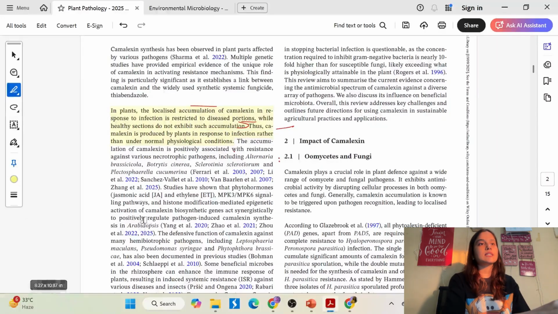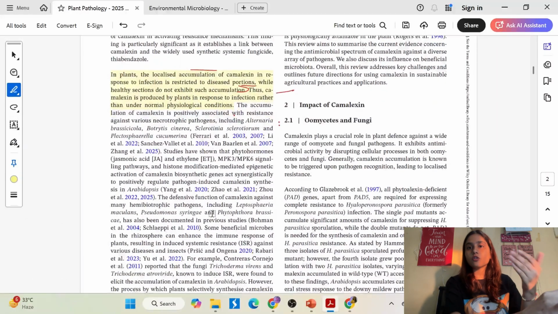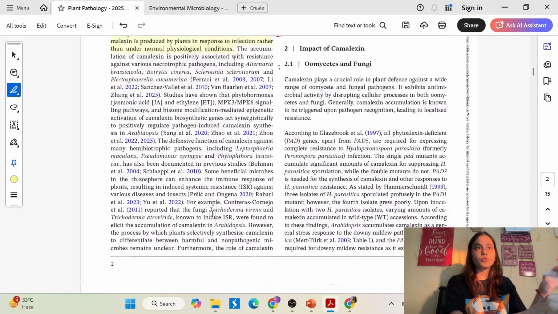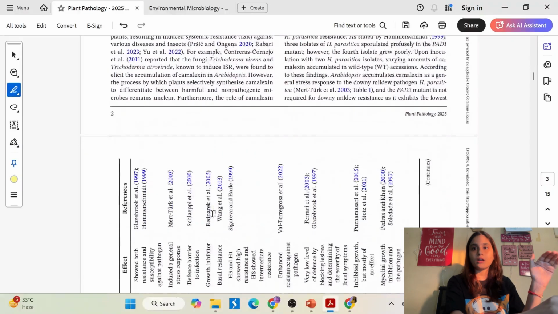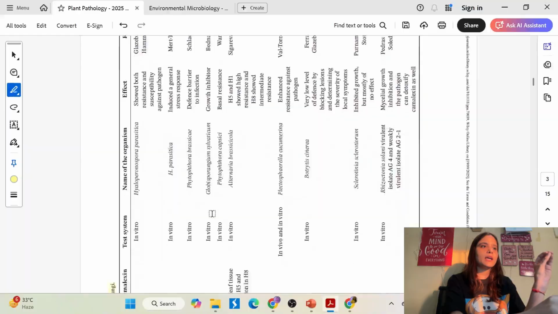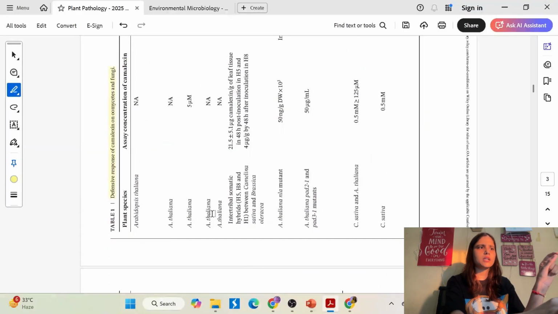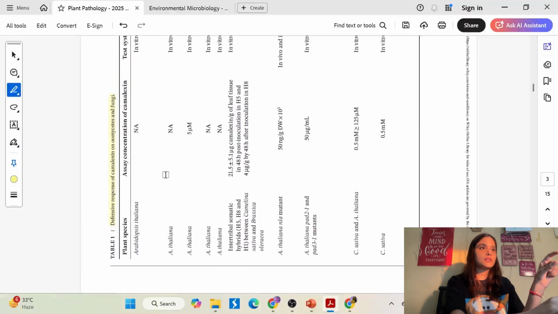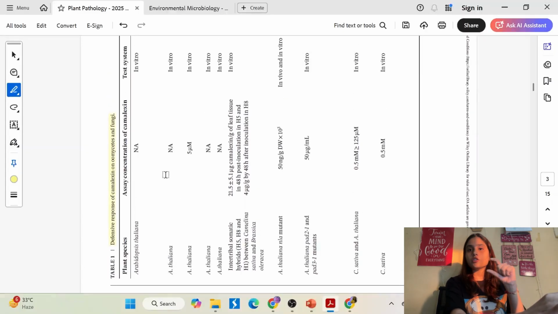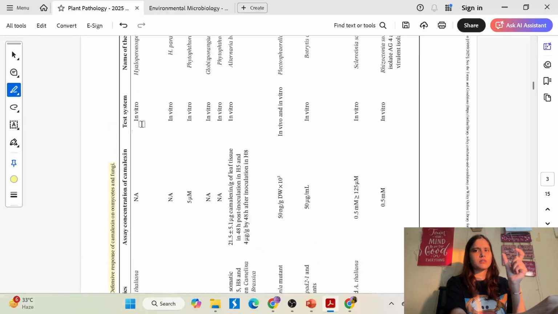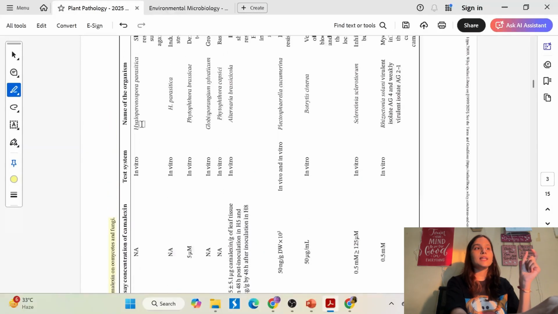Then they have stated the impact of camalexin on oomycetes as well as fungal phytopathogens. They have documented it in a table, and to be very particular, they have listed different plant species, then the concentration of camalexin which has been utilized in the experiment, the test system, which is in vitro, and then the name of the organism.